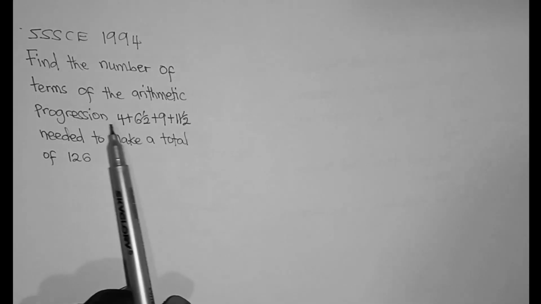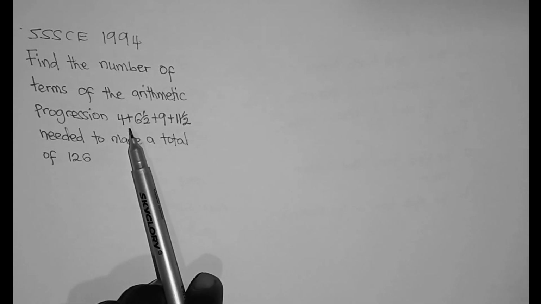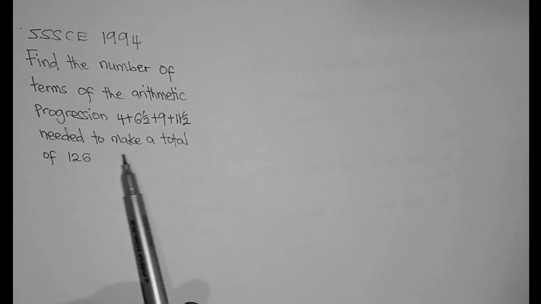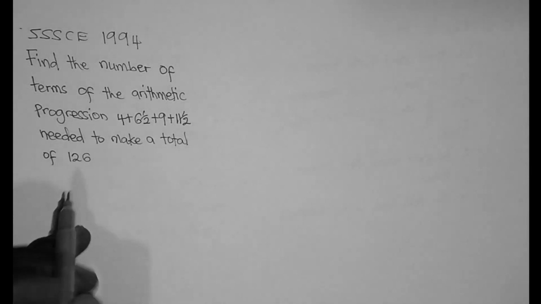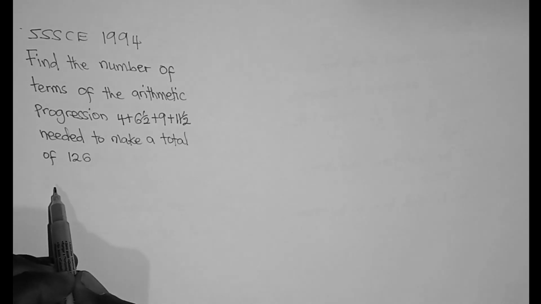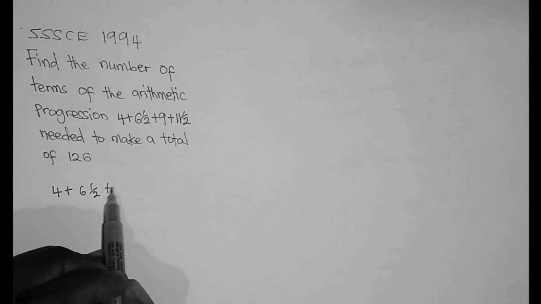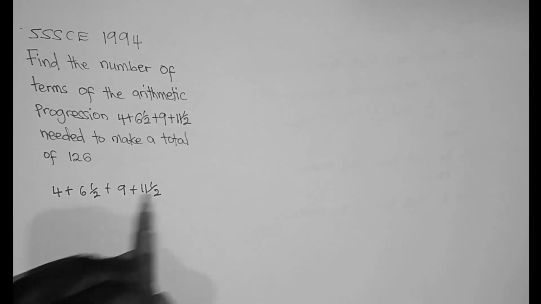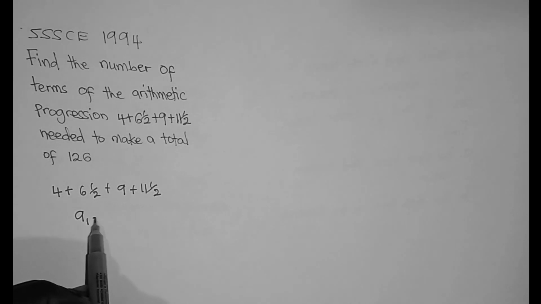Find the number of terms of the arithmetic sequence 4 plus 6.5 plus 9 plus 11.5 needed to make a total of 126. So the sequence is 4 plus 6.5 plus 9 plus 11.5. So what is the first term? A1 is equal to 4.